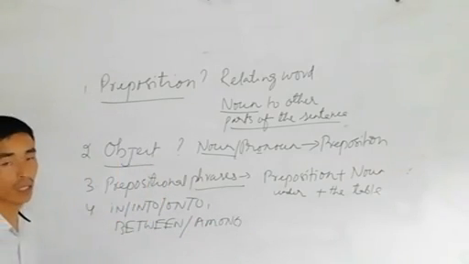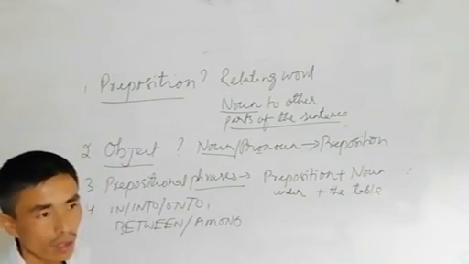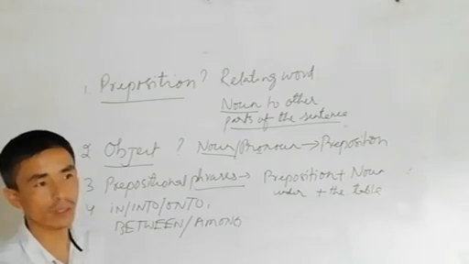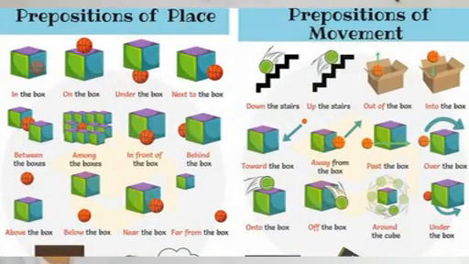Then at last, I request you to observe the pictorial chart of the different types of prepositions that I am going to show you in the next moment in my video. Please go through it and understand the different types of prepositions. Thank you once again indeed.